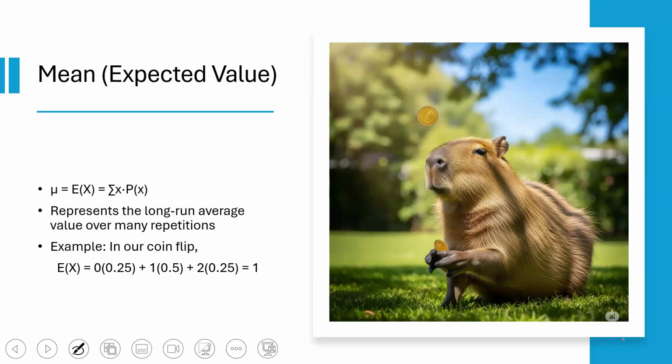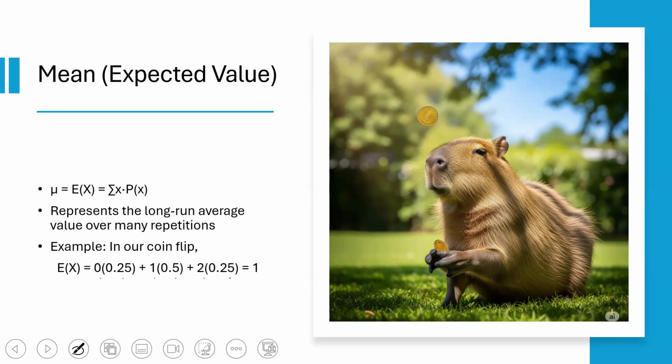So the probabilities must sum to 1. Now let's calculate something very useful, the expected value or mean. This is what we'd expect the long-run average outcome to be if we repeated the random process many times. So our formula is the expected value is equal to the sum of the events times their probabilities. In our coin example, the outcome of 0 times its probability of 0.25, the outcome of 1 head times its probability 0.5, and the outcome of 2 heads times its probability 0.25.